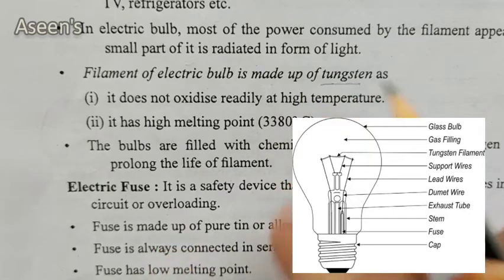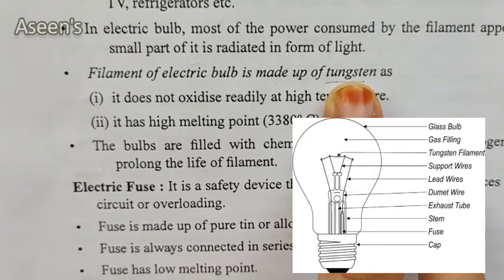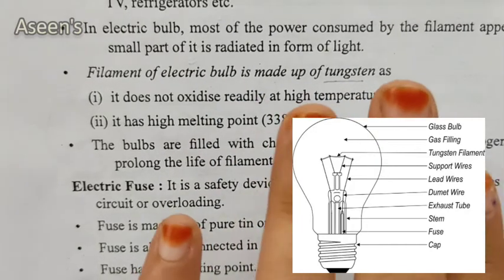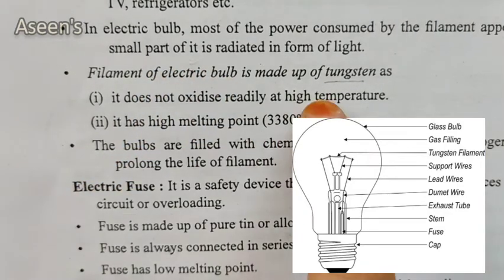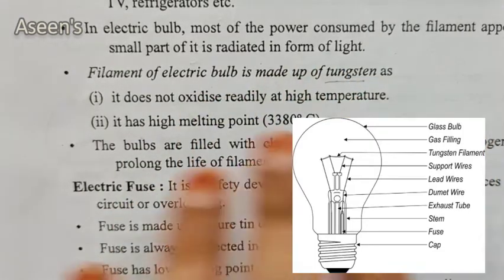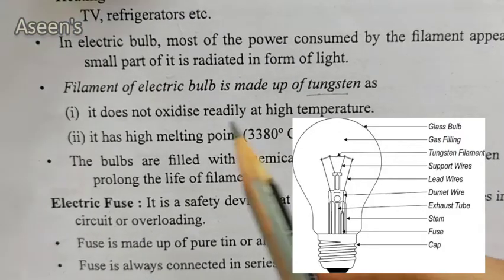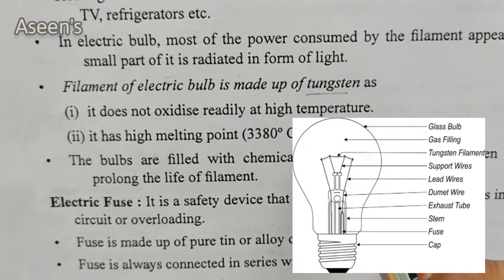So this tungsten is used for the following reasons. Okay, because we need something which can heat up pretty quickly, which can glow for a longer time without any wear and tear. So what are the reasons for using tungsten here? Okay, the first one, it does not oxidize readily at high temperature.